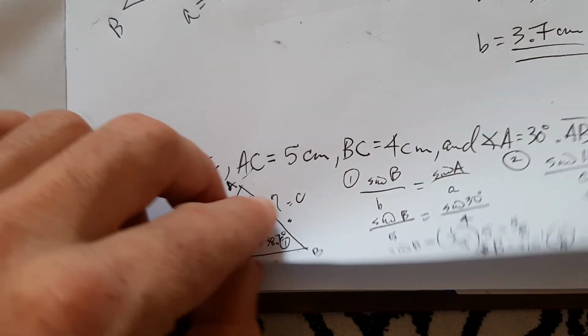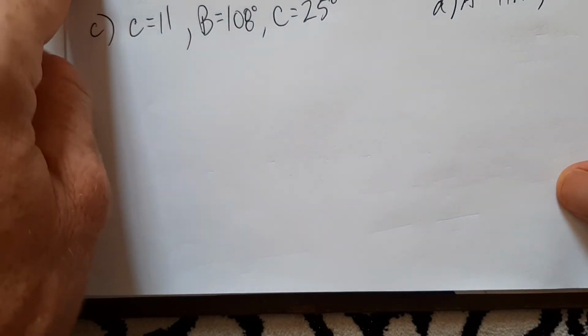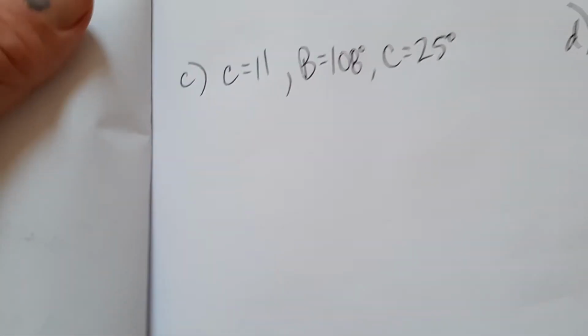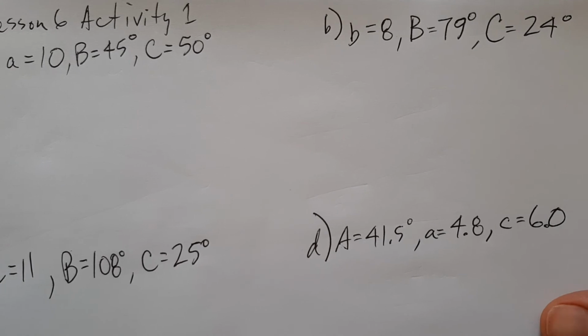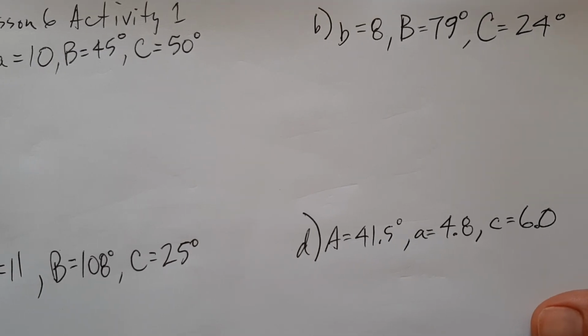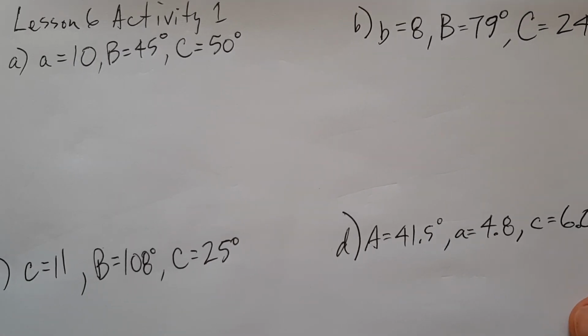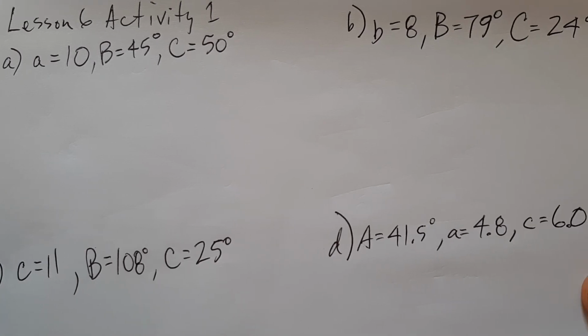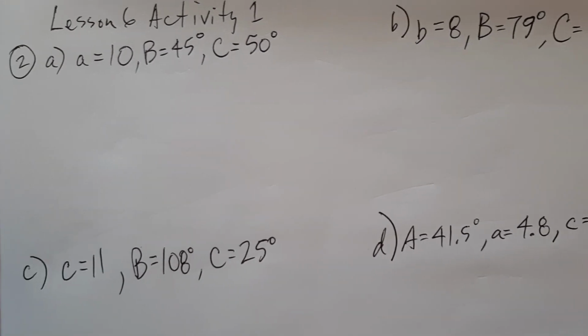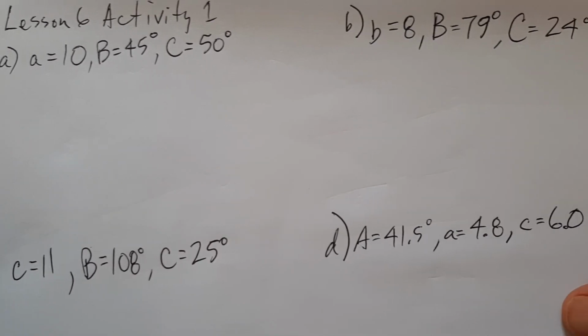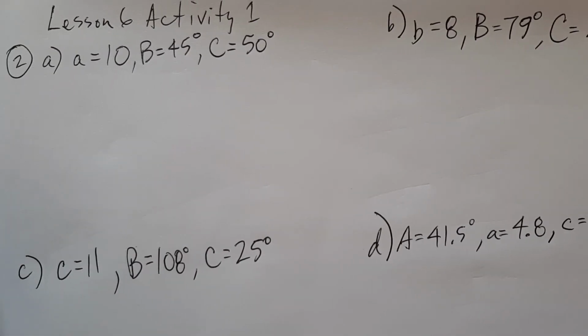Okay, now let's look on this next page here. These are all law of sines. So I don't think I'm going to belabor the point. You can write me on email, Kenda, if you need me to work any of this lesson 6, activity 1, 2, A, B, C, or D. Draw your triangle, and they're actually giving you the sides and everything.